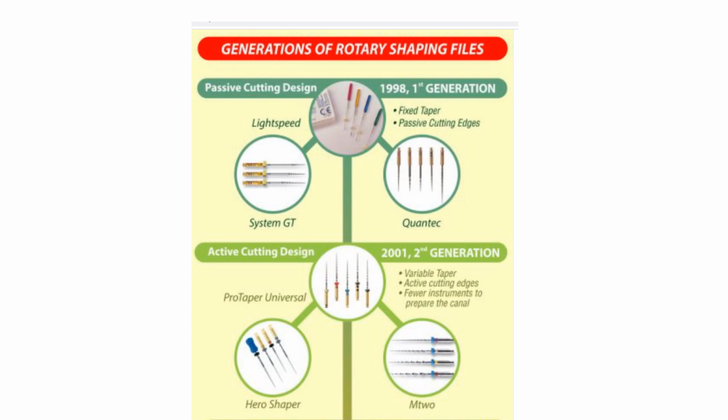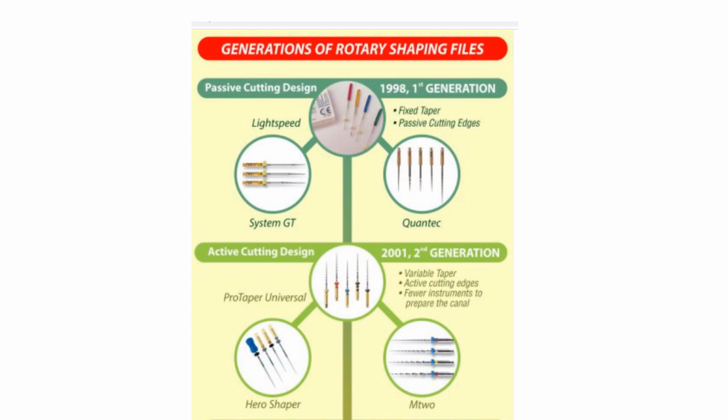These file systems have a variable taper. Okay, now constant taper, we discussed that all the hand files were having a constant taper. And in variable taper, that means suppose you are using a fixed taper file. Okay, the fixed taper files have a constant angle of increasing diameter along the active portion of the file.